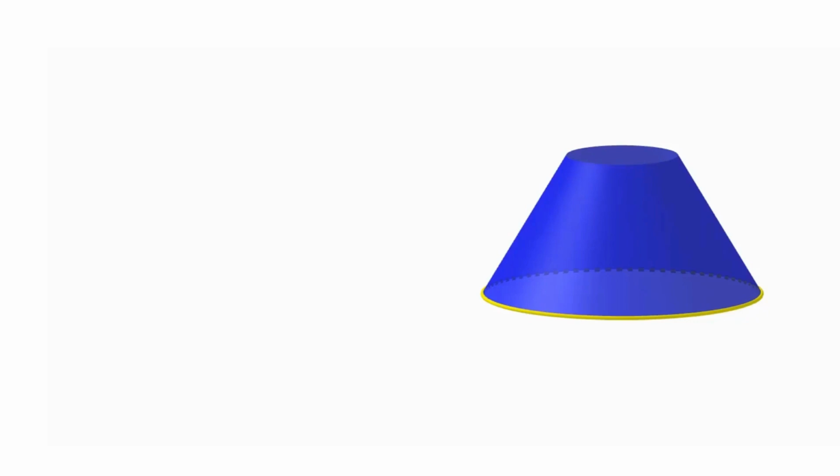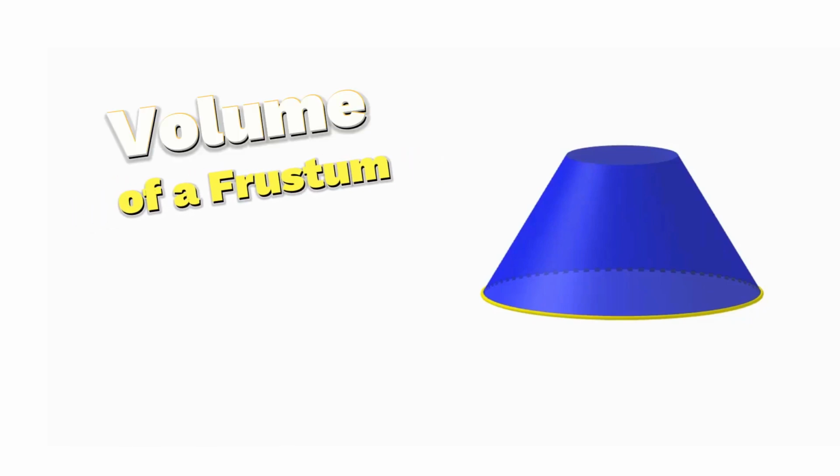This shape that we are seeing right now on our screen is what we refer to as the frustum of a cone. So in today's tutorial class, we are going to explore the unique way of finding the volume of this bucket-like object, this frustum. So let's go back to our complete cone.